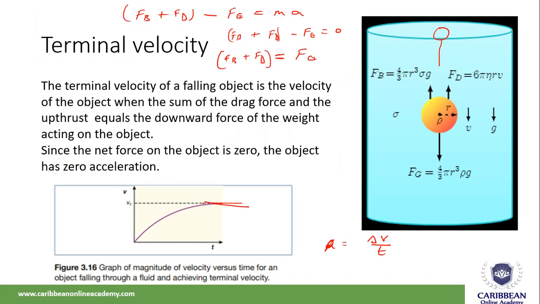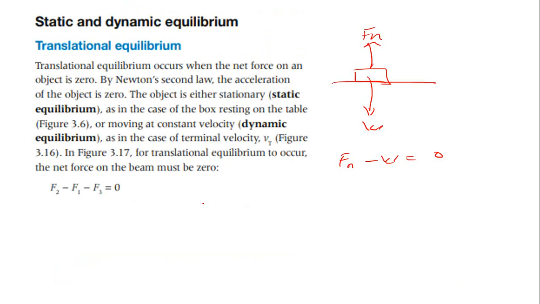Once it has obtained that terminal velocity, where the upward force is equal to the downward force, then we can say that we have dynamic equilibrium. It is just as a result of the fact that the velocity is constant. Even though it is moving, there won't be a change in velocity, so no acceleration.